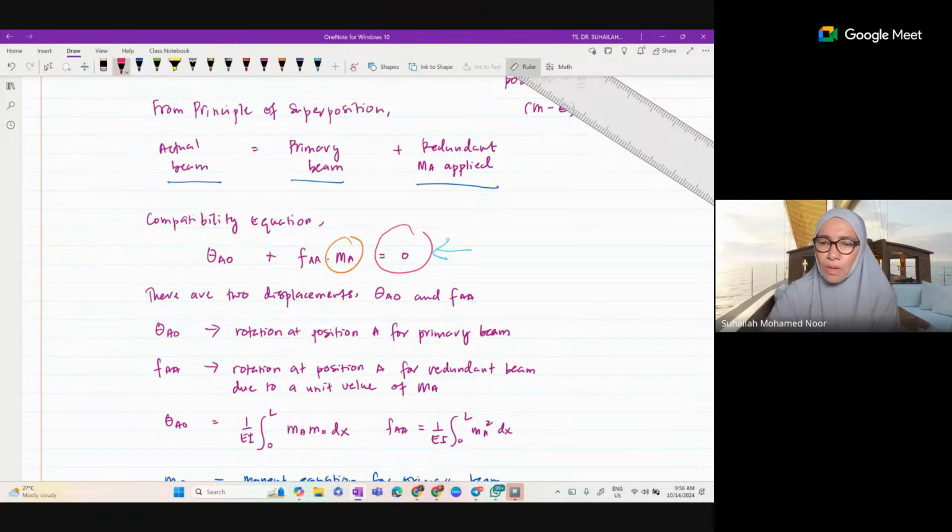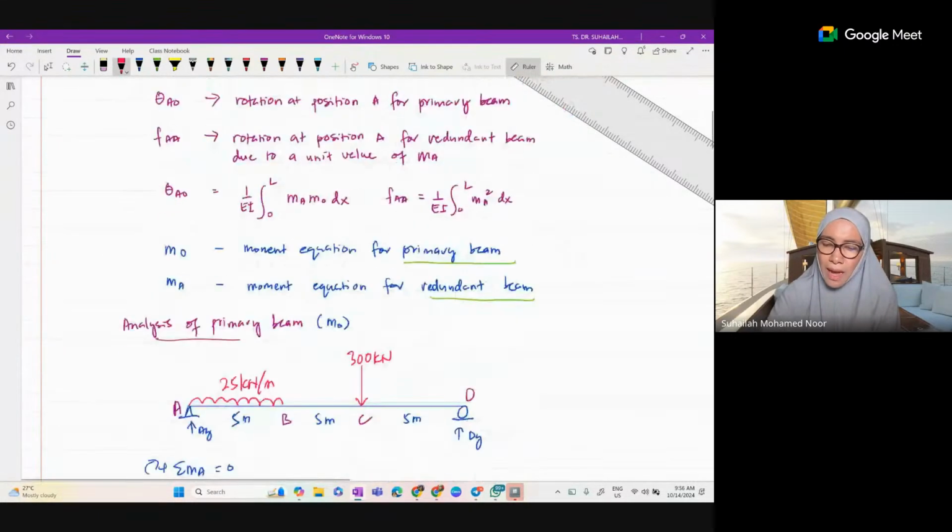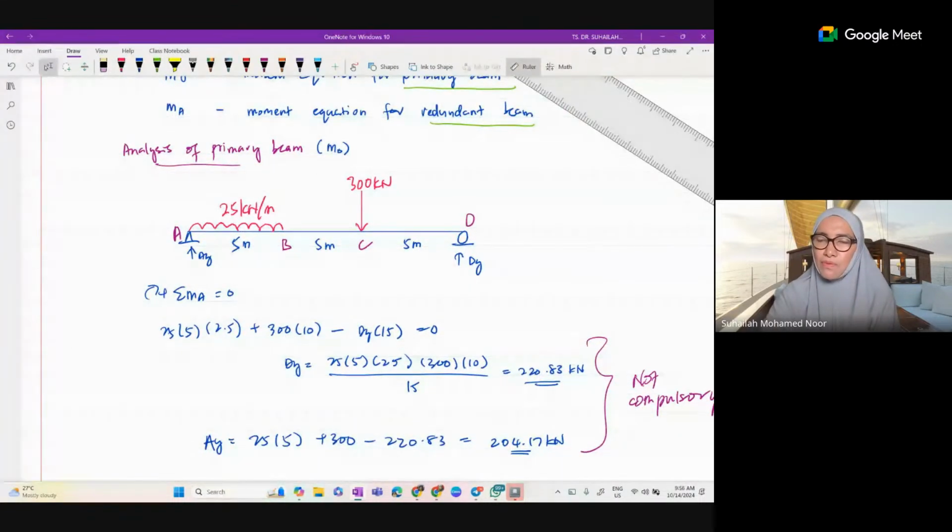So for another 1 hour, you go and look in the videos on my YouTube where I explain how we derive the compatibility equation for two redundant. Later I will give one question for you to solve like this, from start to finish, for your activity for this week.